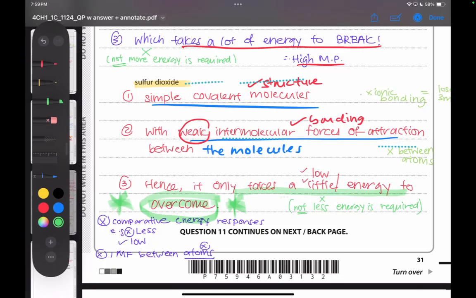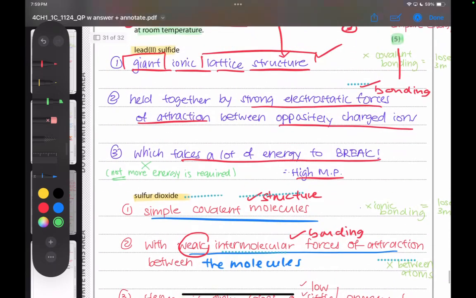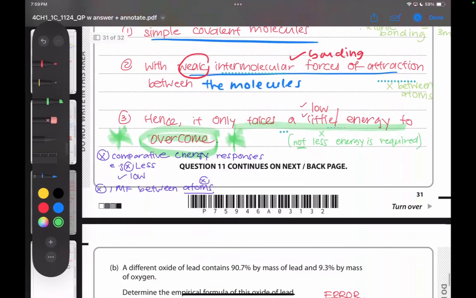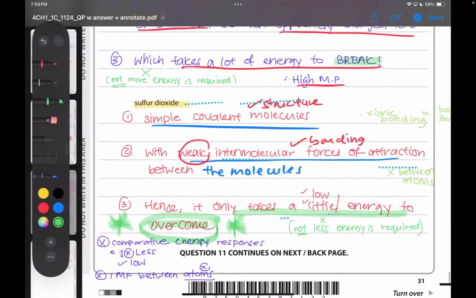If it's ionic bonding, or anything to do with giant covalent or ionic bonding, then we break it. I'm going to take a moment to highlight some of the incorrect wording that students have used. For example, in this case, there is no need for you to compare them side by side.